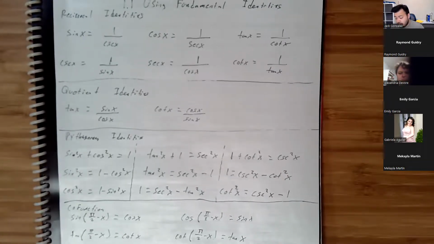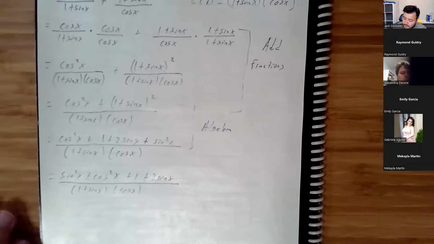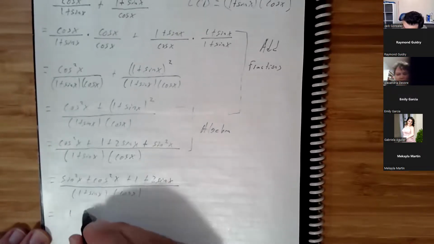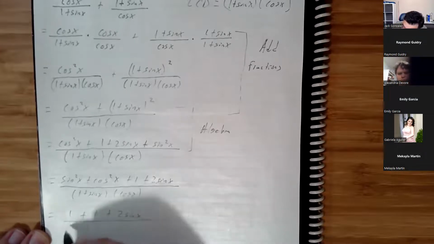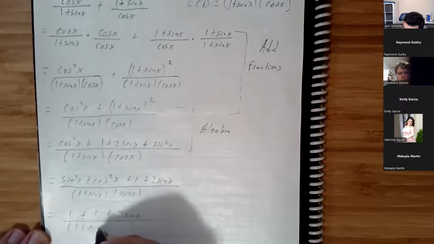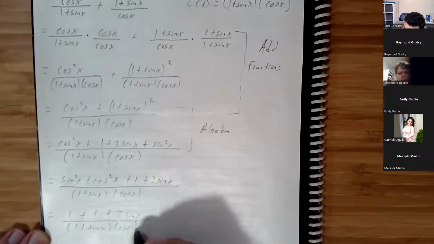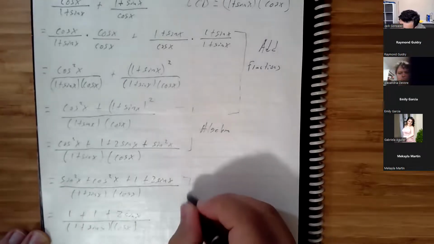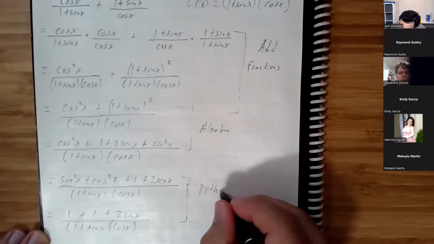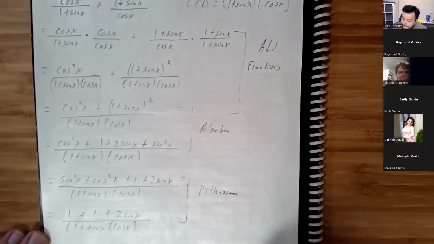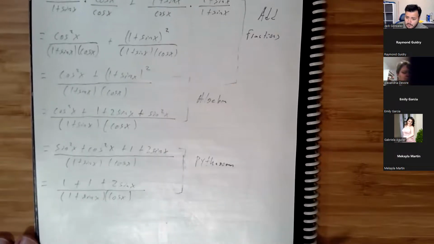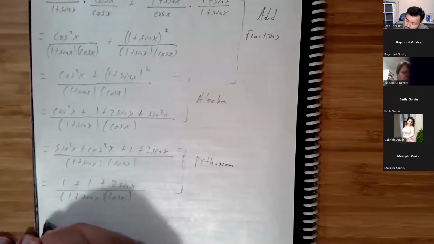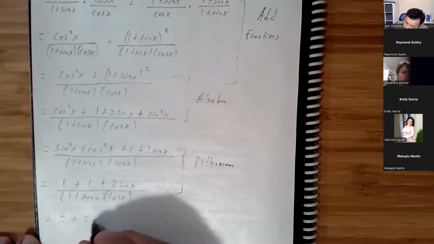So that piece will just be a 1. That would be nice. So right here we get 1 plus 1 plus 2 sine x. So that's the Pythagorean. Now 1 plus 1 is obviously 2, which now gives us something to factor.